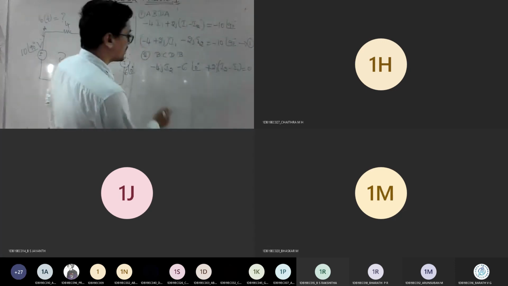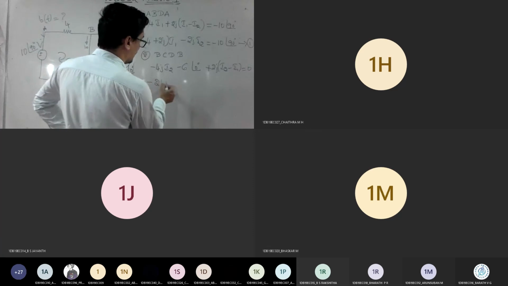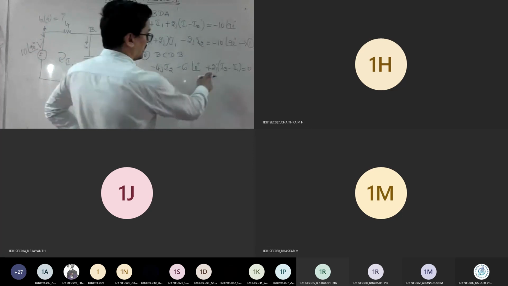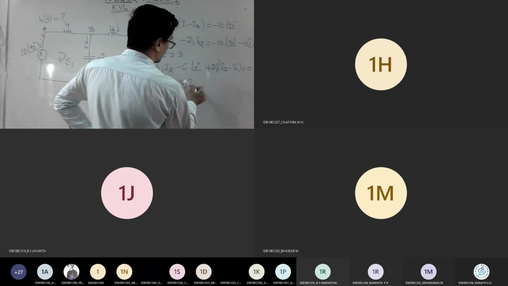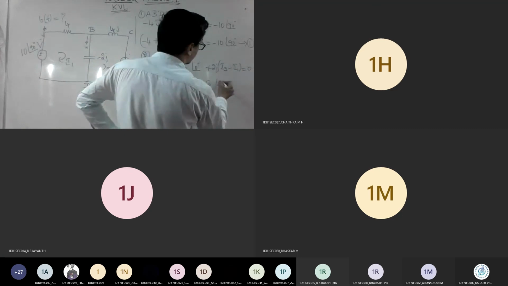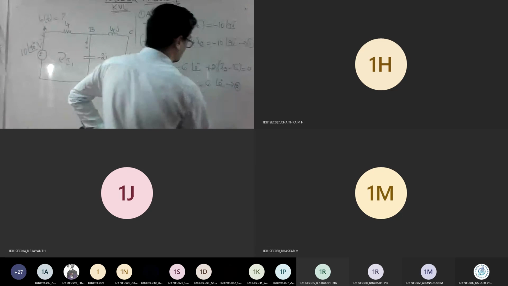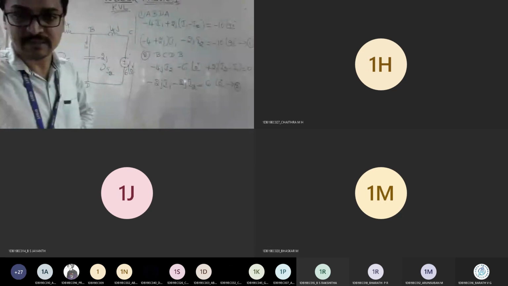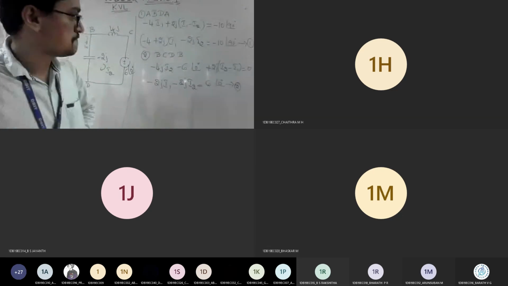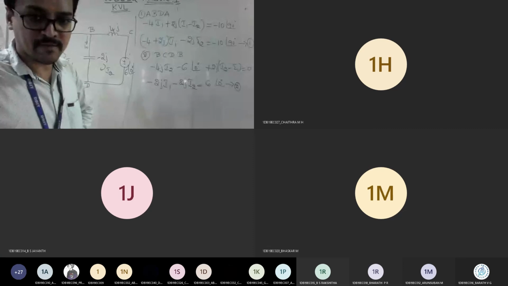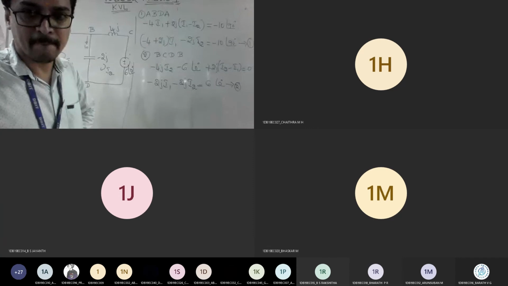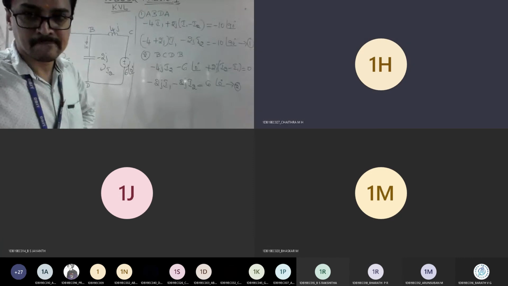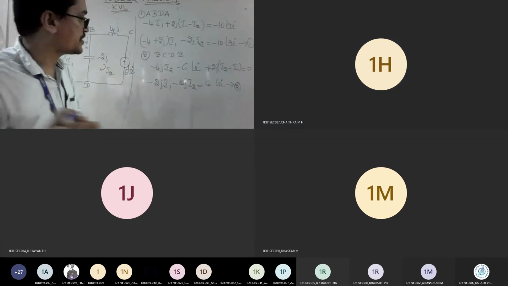So here I can write minus 2J I1 as one term, and I2 is plus 2 and here minus 2J I2. It equals 6 at an angle 0. This is equation number 2. Am I correct till here? Everyone, is it fine? Yes, sir.